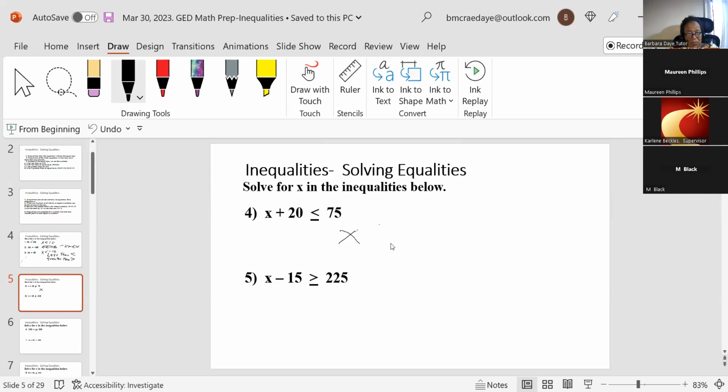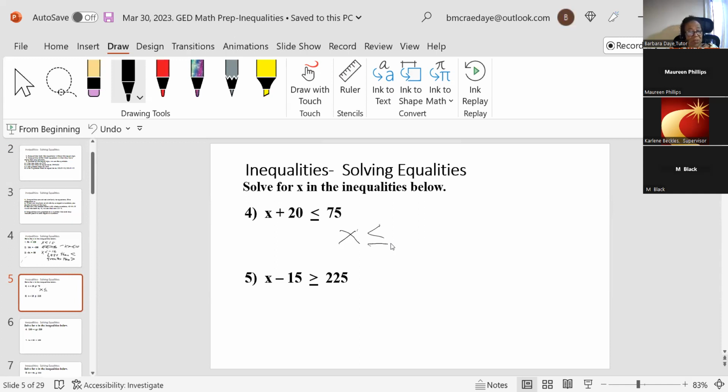No negative division, no negative multiplication. So we know we don't change the inequality, that stays less than or equal. Maureen, what goes on the right side? 20. No, the answer. I divide 20 by 75, right?